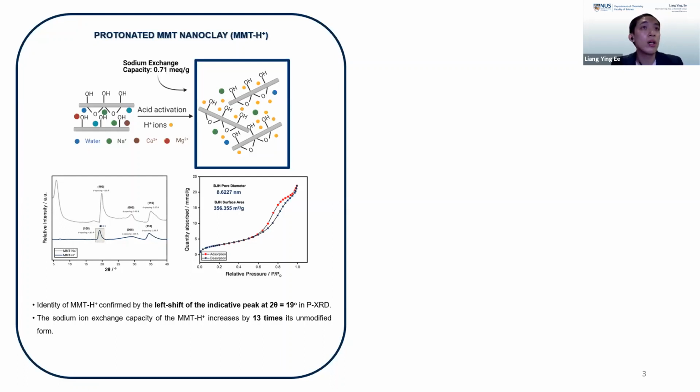So the total sodium exchange capacity was determined to be 0.7 milliequivalents per gram, and that is 13 times higher than the pristine MMT itself. Looking at the BET results, it has shown that the exfoliated and activated MMTH+ is highly porous to facilitate the exchange with the sodium ions in the feedwater.